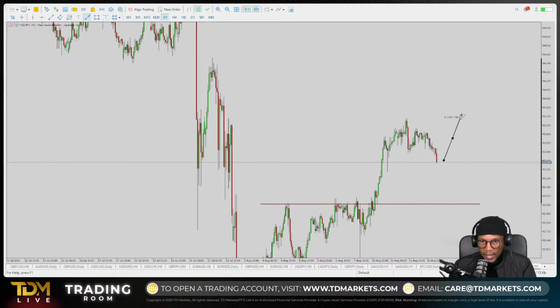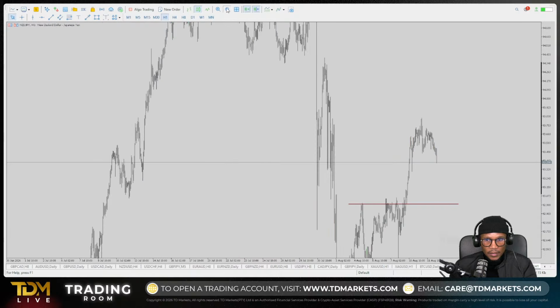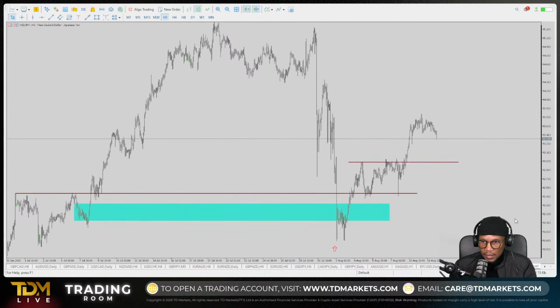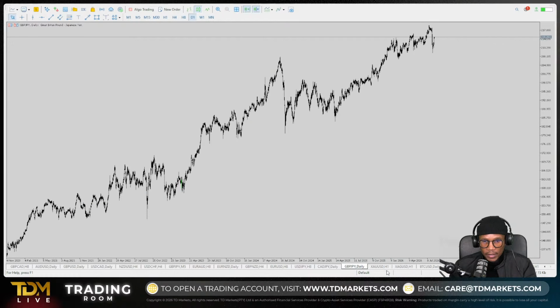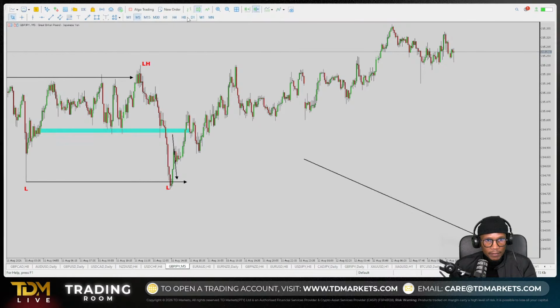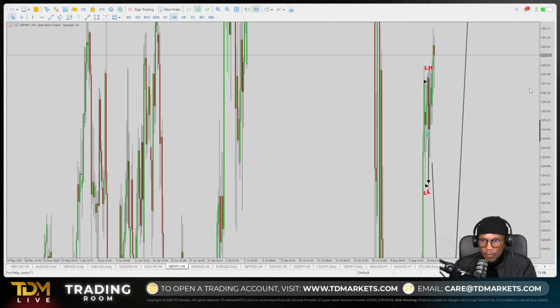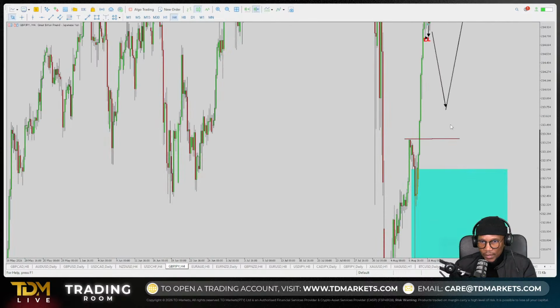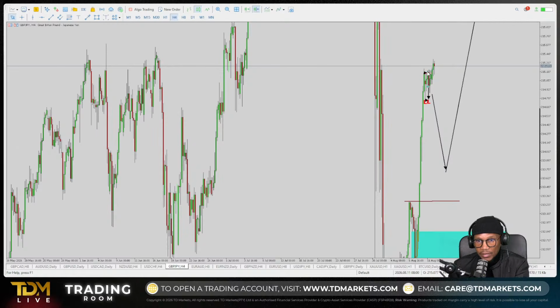I'm looking for my buy setups on this one. It is correcting at the moment, and the other yen pairs are not correcting as yet. All right, so GBP-JPY, I would say, is still developing that correction. I don't think it's ready as yet.